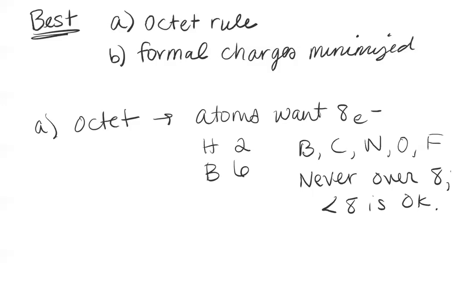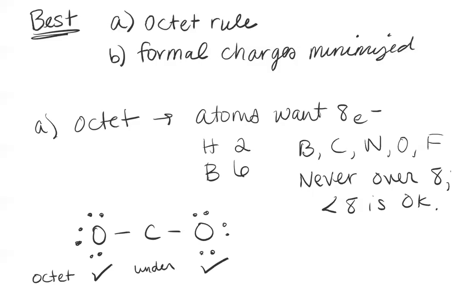Okay, so when we looked at our Lewis structure for CO2, I'll just draw it up here quick, right? We look at the octets. Does this have 8 electrons? 1, 2, 3, 4, 5, 6, 7, 8. Yes, it does. Carbon we decided was under, but oxygen, the other oxygen has enough. Okay, so there's how we find the octet rule.